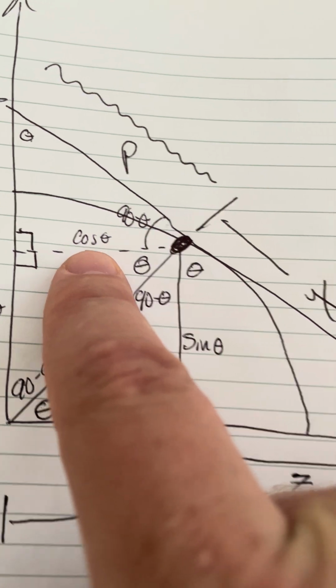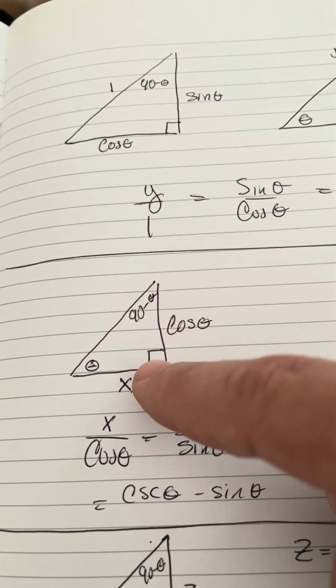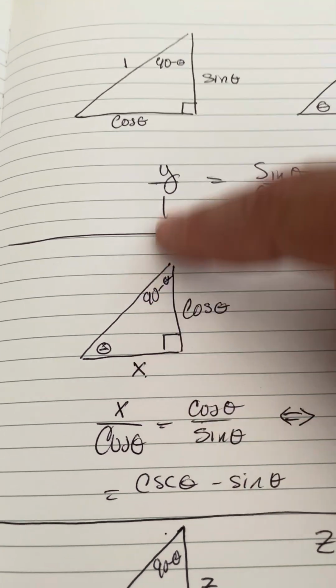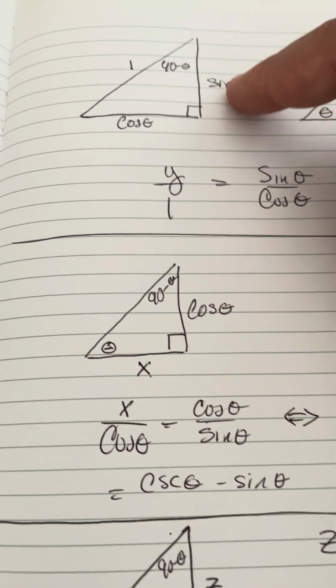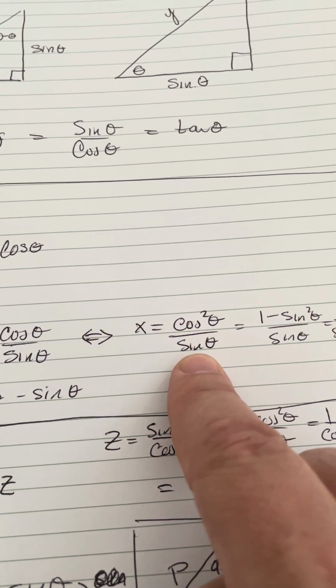This cosine here is this cosine there. All right, so now I'm working with the reference triangle and that triangle. So x is to cosine as cosine is to sine. I will cross multiply and I'll get x equals cosine squared over sine.